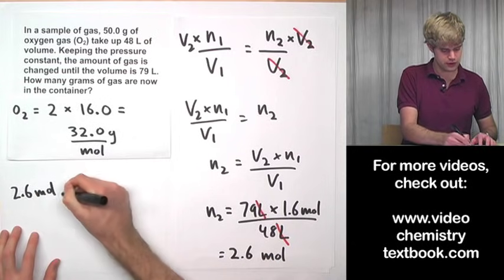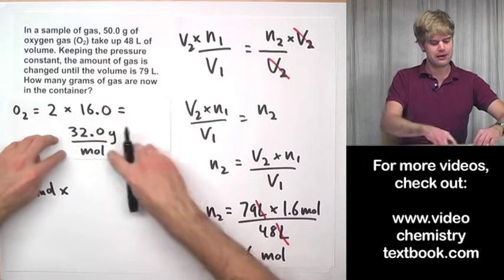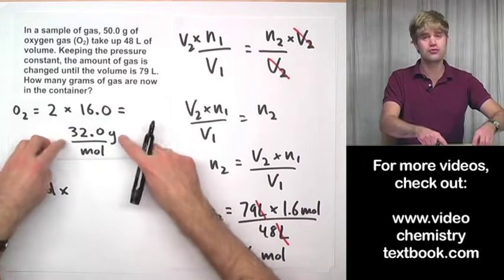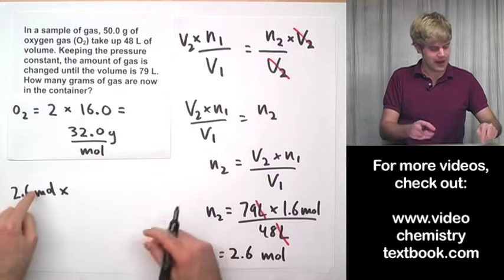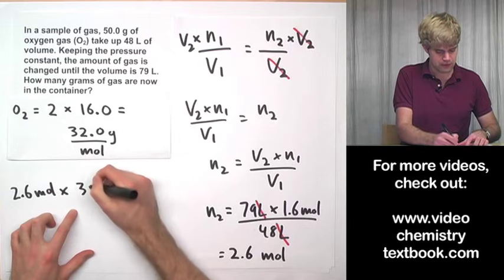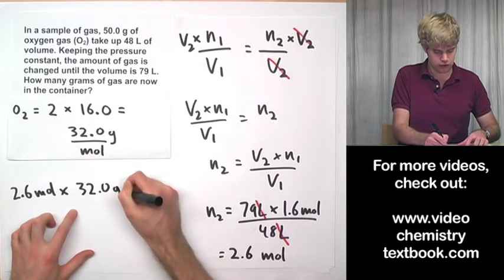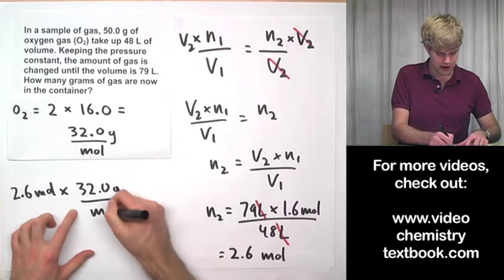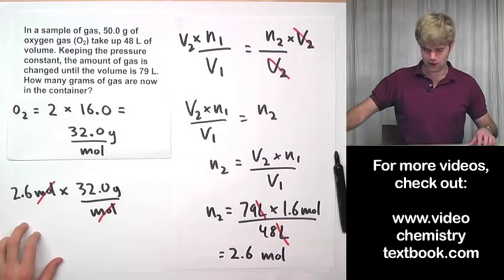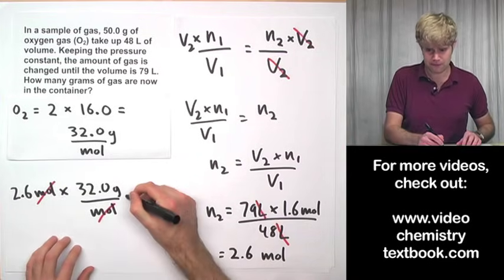And I'm going to take my mole number, 2.6 moles, and I want to multiply it by this conversion factor in a way that's going to get rid of my moles. So I can keep the conversion factor just as it is right now, and I'll have moles on the top, moles on the bottom. So 2.6 moles times 32.0 grams divided by 1 mole. Now mole on top, mole on the bottom, they cancel out.